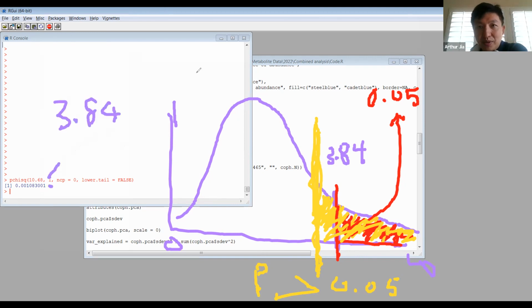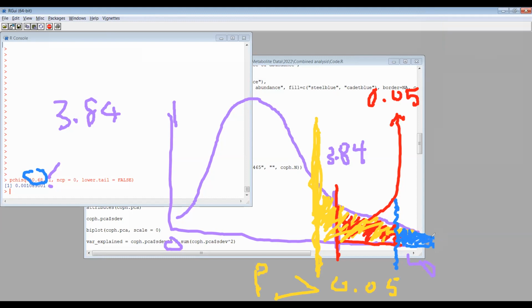However, let's look at this example here. This example shows the test statistic is equal to 10.68, which will be some value like here, right? And if you want to calculate the p-value for this one, you have to do the same thing. You have to calculate the area under the curve on the right-hand side. So can you tell me if this area is greater than 0.05 or less than 0.05?